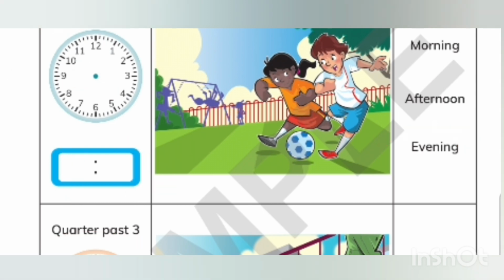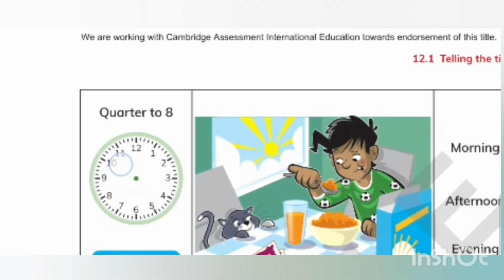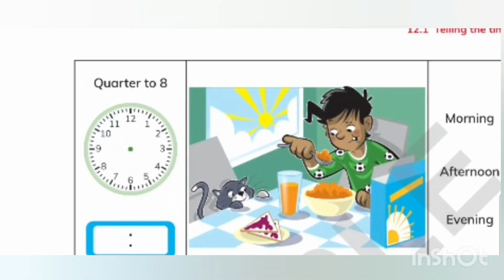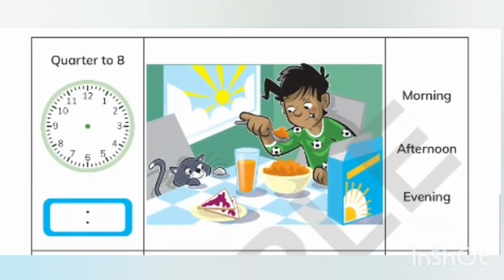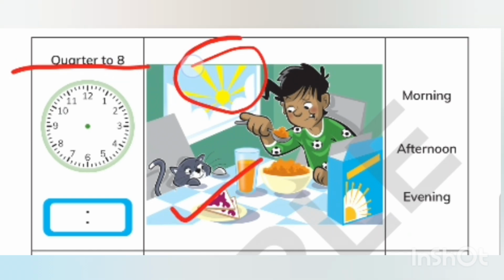Okay, now we are moving towards page number 191. This is page number 191. Again, what we have to do, you are looking at 7:45, and you can see the sun through the window, and you can see that he is taking breakfast. So what does it mean? Morning. This is the morning time, so make a circle around morning.